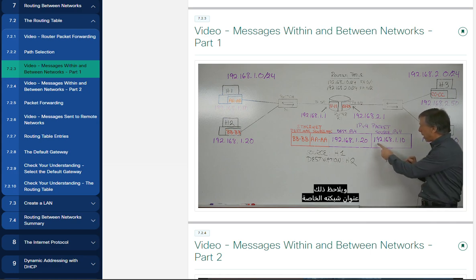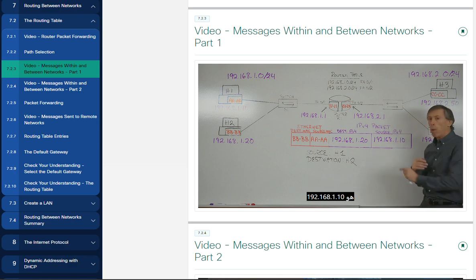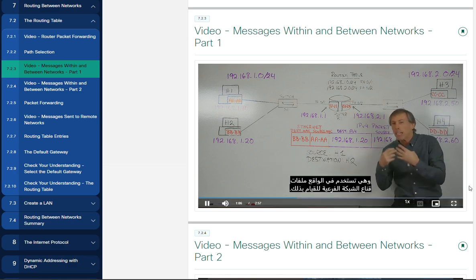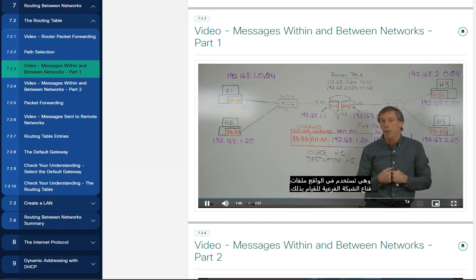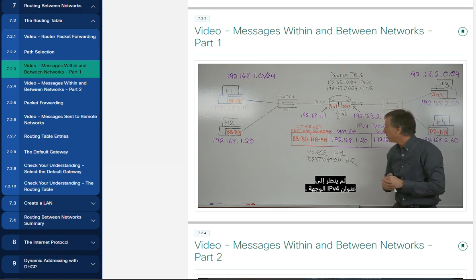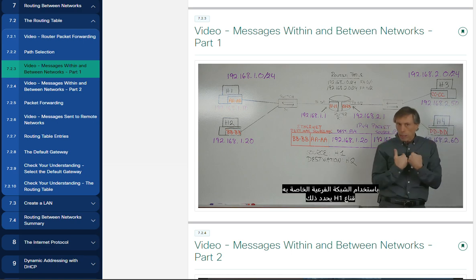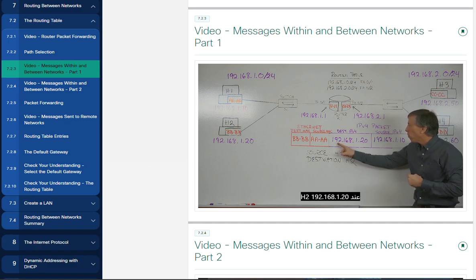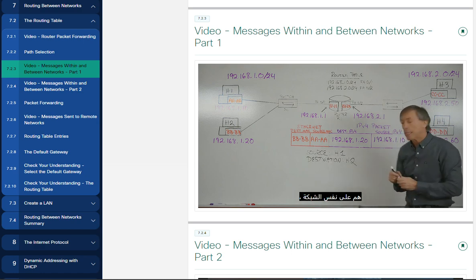Now, the first thing H1 needs to determine is, are we on the same network? It notices that its own network address is 192.168.1.0. That's the network it belongs to, and it uses its subnet mask to do that. Then it looks at the destination IPv4 address, and using its own subnet mask, H1 determines that H2 at 192.168.1.20 is on the same network.